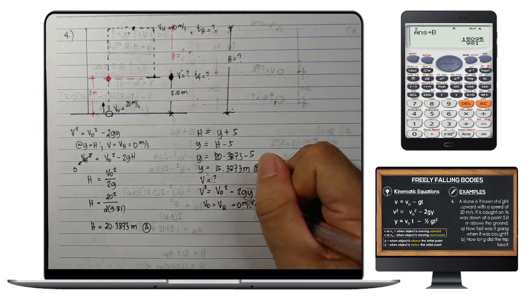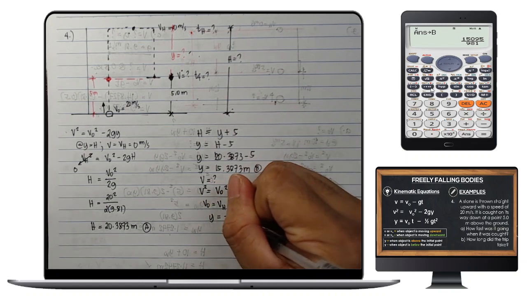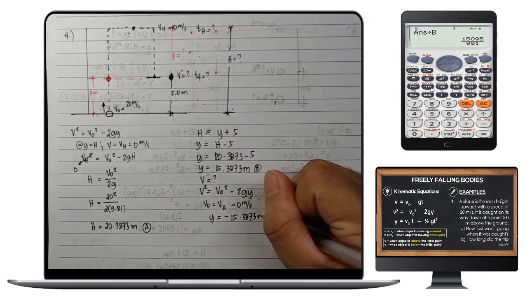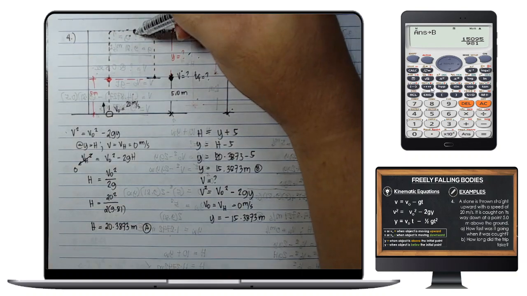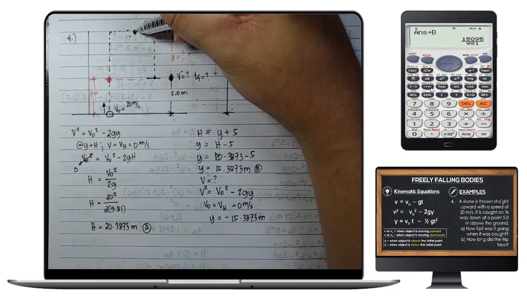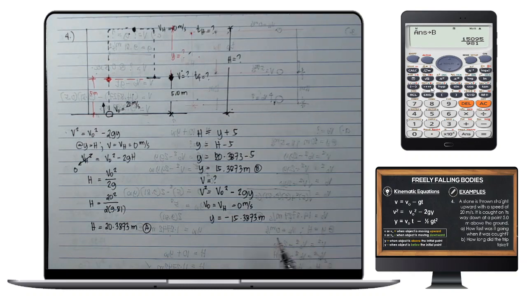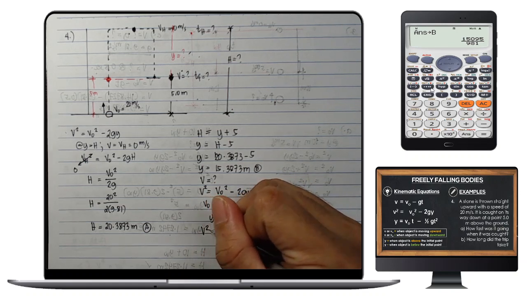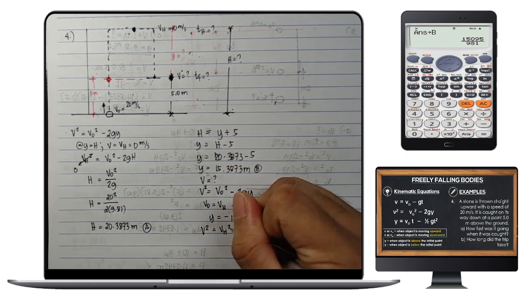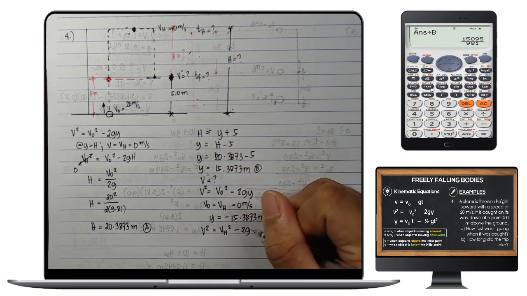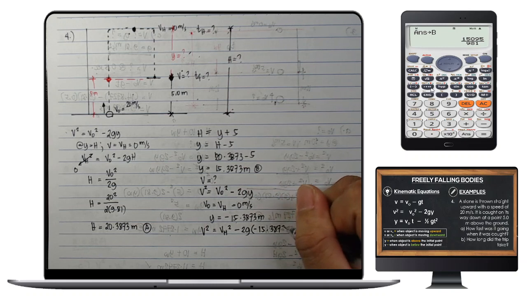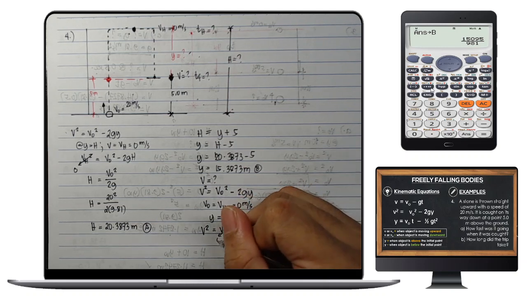Then, yung y natin is equal to negative 15.3873 meter. Why negative? Because considering the maximum height to be the initial point, yung final point natin is below the initial point. That's why negative yung y na ating gagamitin.